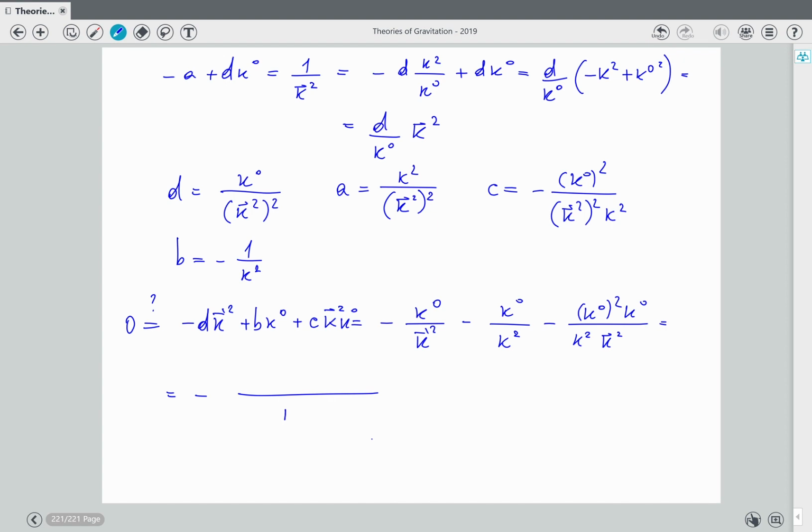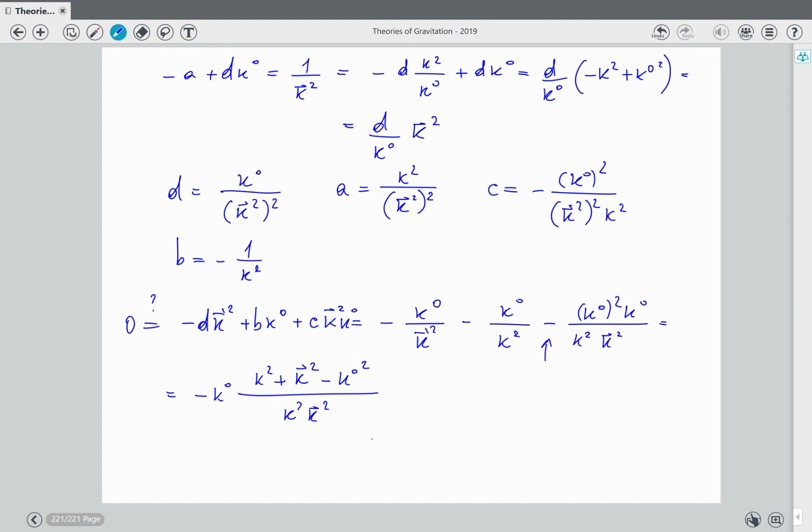Minus k squared, k squared, k0. So in the first case you have k squared. Second contribution is plus k squared. Third contribution is minus k0 squared.